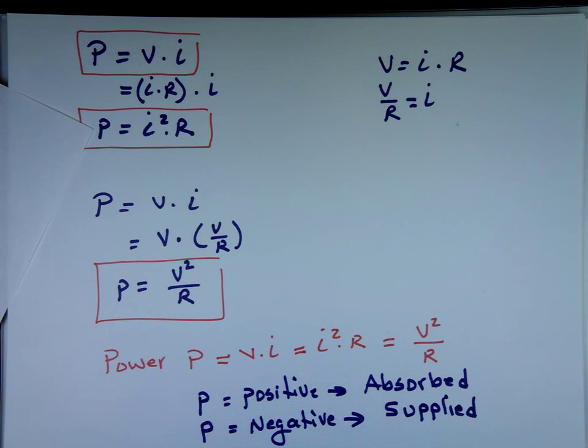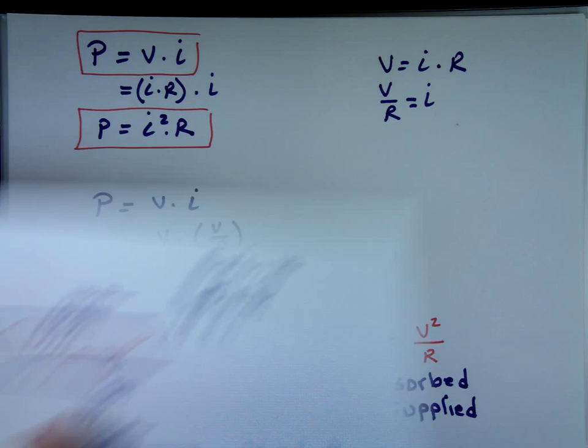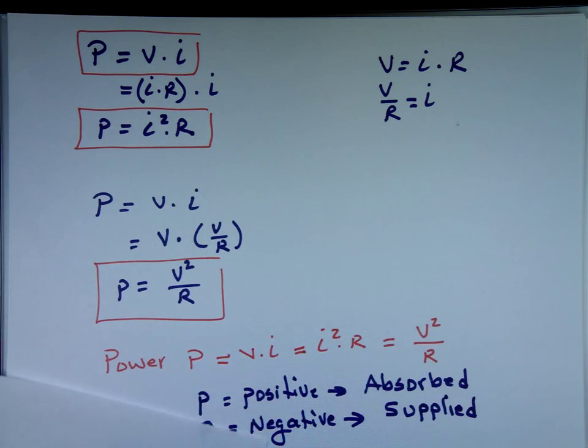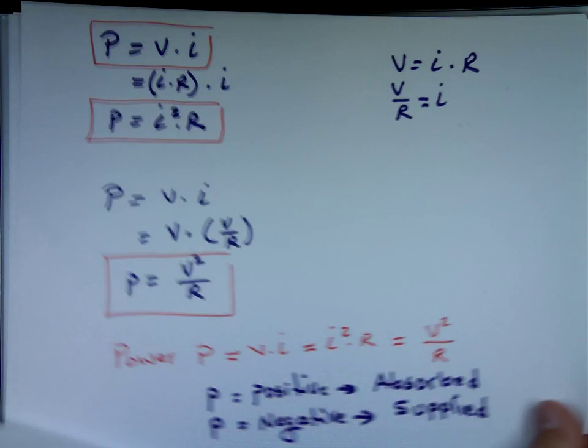So let's go back to that example I just did here. We calculated the current to be 0.5. And let's see what happens. The marker bleeds through.